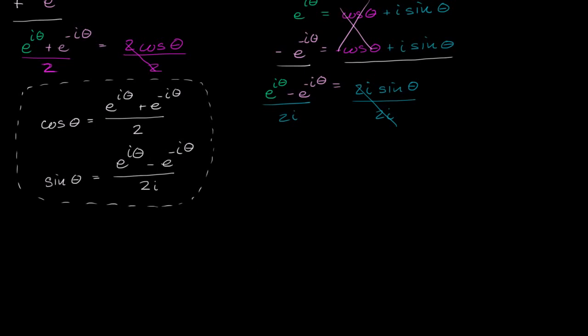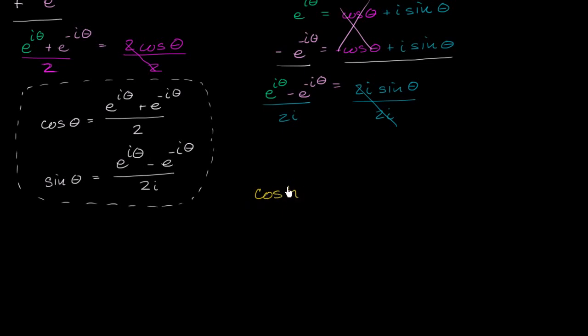So we're just going to make new function definitions, and they're just being inspired by these new ways that we discovered to write cosine of theta and sine theta. I'm going to call the first function cosh. It really does come from hyperbolic cosine, and we'll explore more why we call it hyperbolic cosine. But let's just call it cosh.